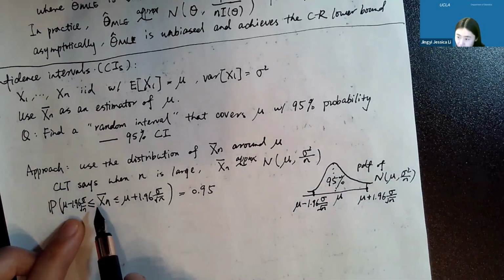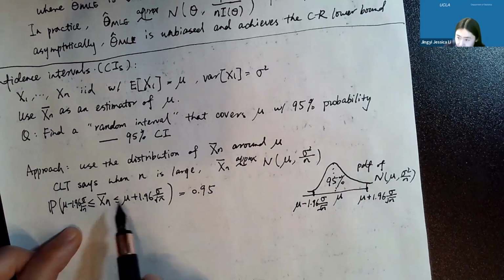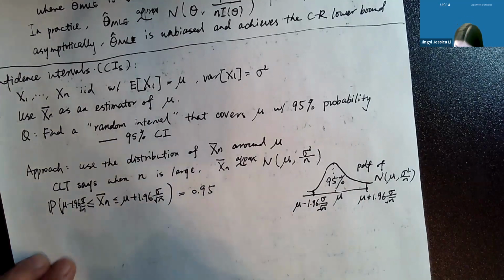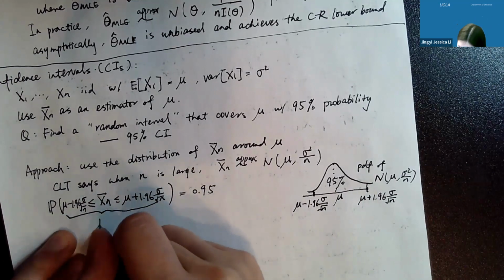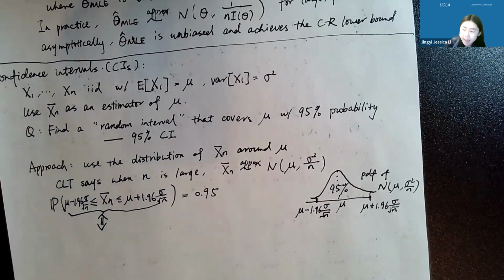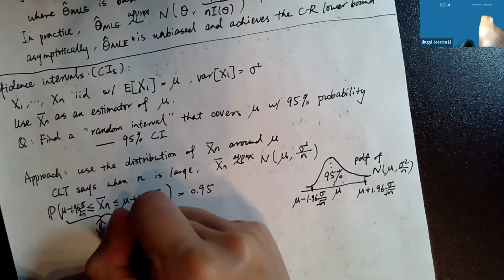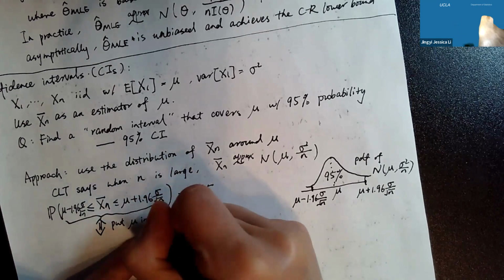The approach is that we can reorganize the terms. We want to make this inequality have random variables in the two boundaries and put the parameter of interest, mu, in the middle.